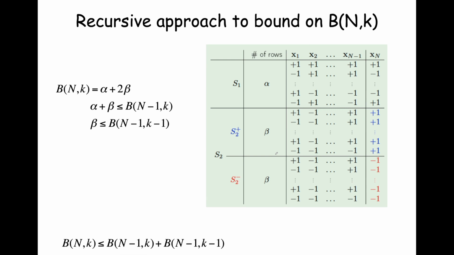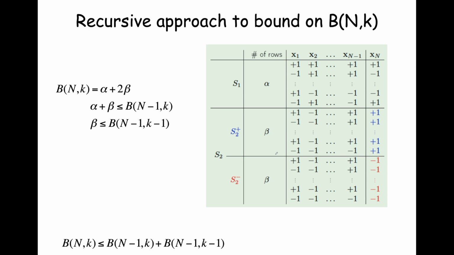All right, so now we take our original expression for our bound, B(n, k), the maximum number of dichotomies given a data set of size n and a breakpoint of k. We said that was alpha plus 2 beta. And we take our expression for the two subsets that we had, the non-unique set of dichotomies and the unique set of dichotomies.